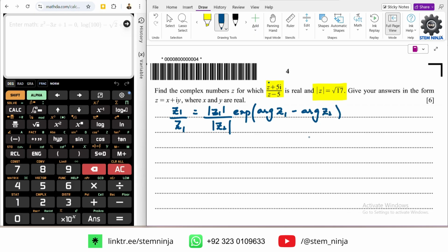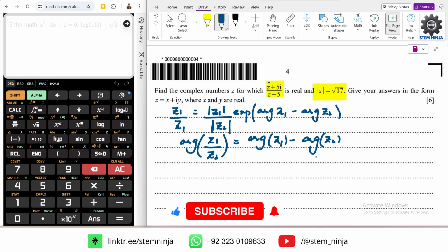So sort of like this. This is in the exponential form. You could have the cos theta plus i sin theta form also, right? But either way, the argument of z1 over z2 is always argument of z1 minus argument of z2, right?